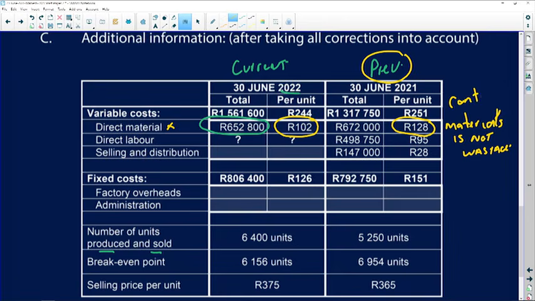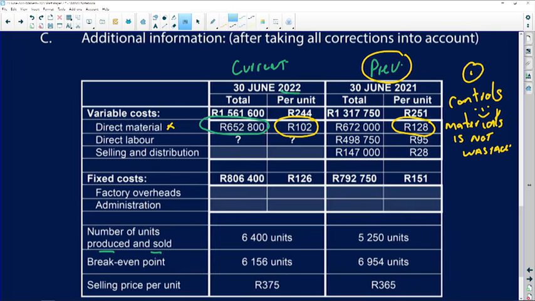The controls that they are using are spot on, right? There's no wastage of material. So that is 1 point. So for now, that 1 point means you guys actually deserved your bonus, right? But remember, we've got to mention 3 points. So the first you can talk about is materials not being wasted. There's been a decrease in the unit cost, indicating good controls over materials.